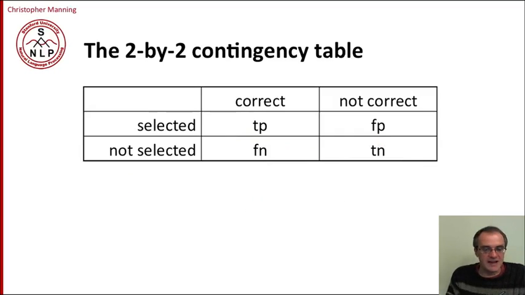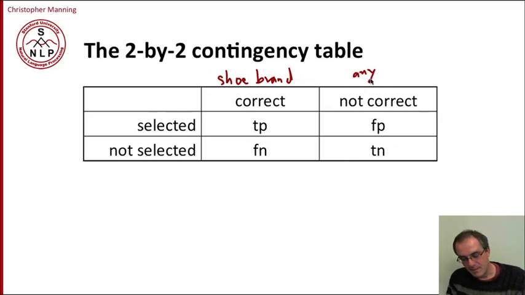So, for example, suppose that we're wanting to detect mentions of shoe brands in web pages. The correct class is that something is a shoe brand, and the not class is anything else.